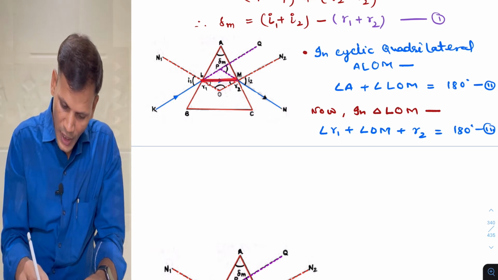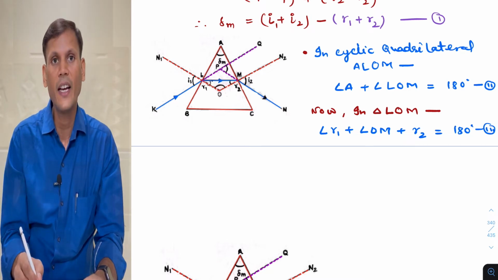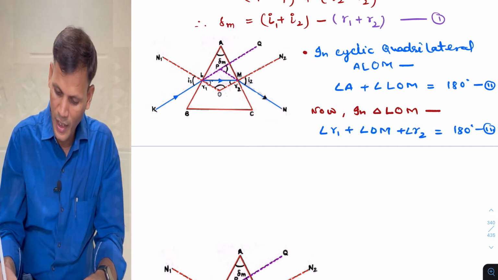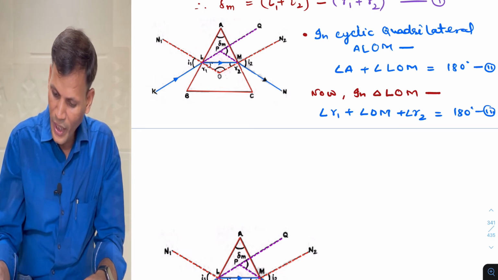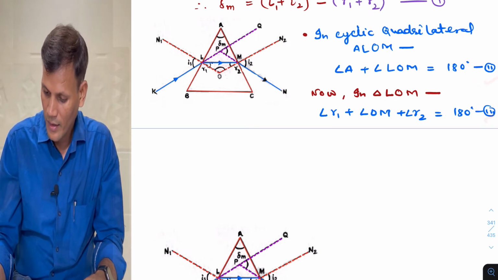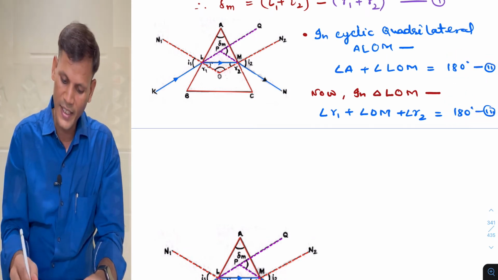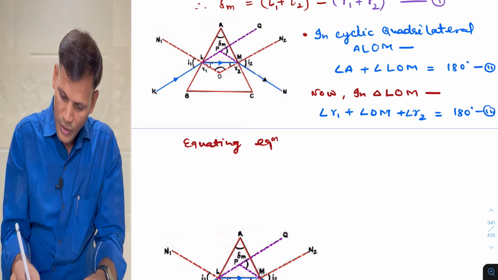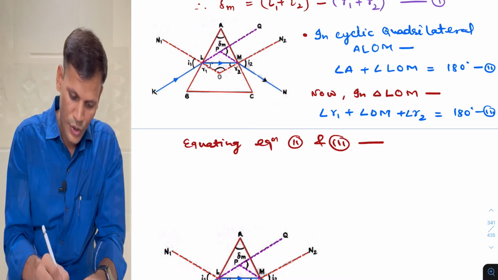This is the triangle property, that the sum of all the angles of a triangle is 180 degrees. Now equation 2 and equation 3 both have the same RHS, so we can equate the LHSs.